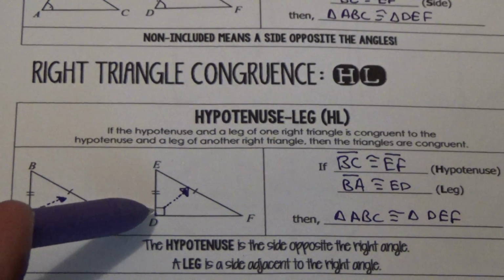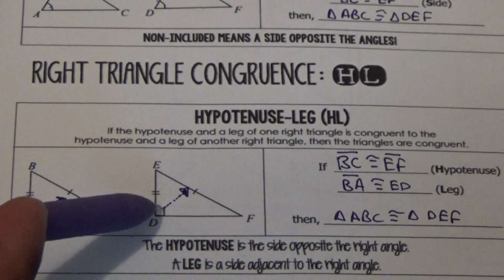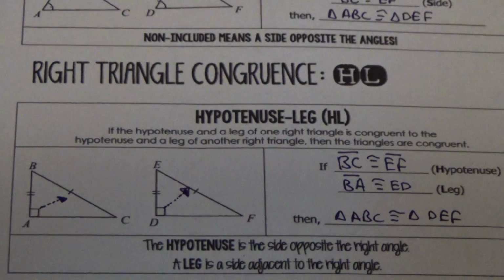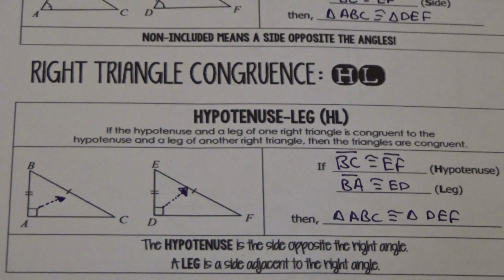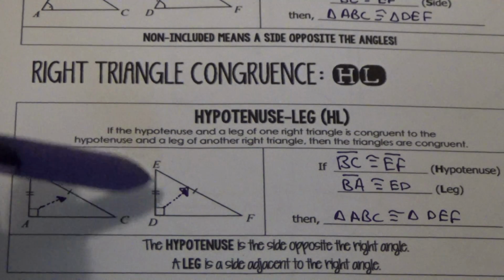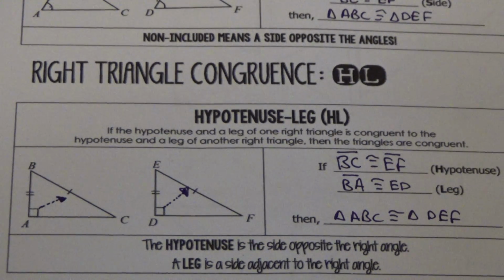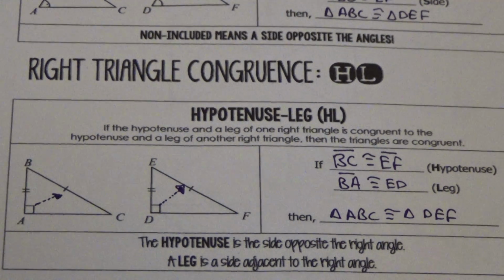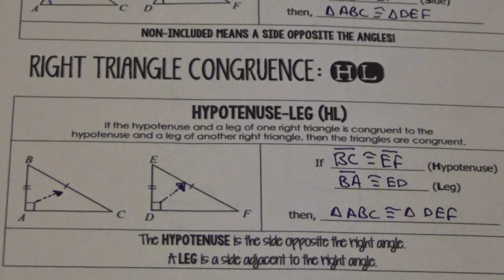Same with this guy over here. The right angle is over here, opposite from it. Side EF, the hypotenuse, the longest side of the triangle. Alright, and one of the legs, BA, is congruent to ED. Right? So you need the hypotenuse and one of the legs that are congruent.